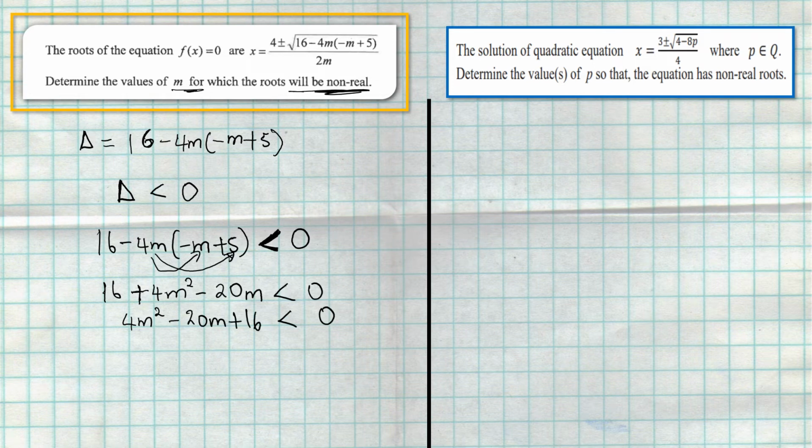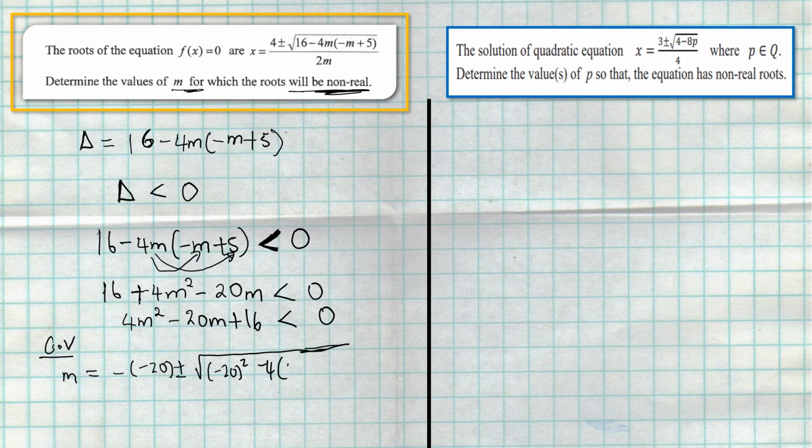I can go and calculate my critical values, or use any method that you use in order to solve an inequality. It's fine, but as for me, I'll calculate my critical values. I can use the quadratic formula because this is a quadratic graph: m equals minus b, my minus b is minus 20, plus or minus root of b squared, which is minus 20 squared, minus 4.